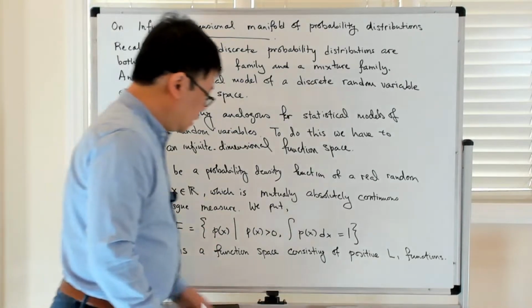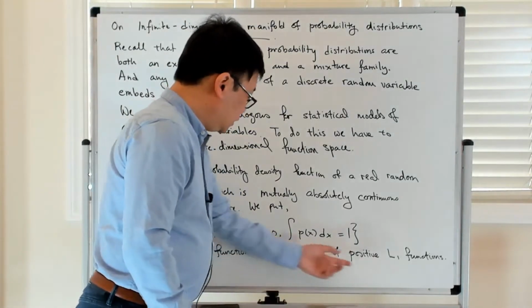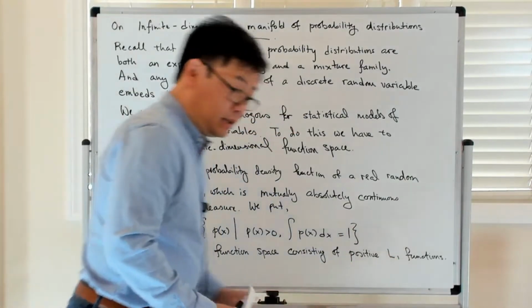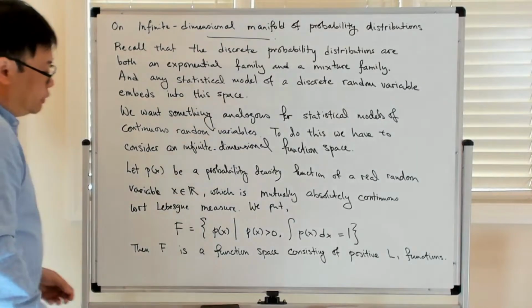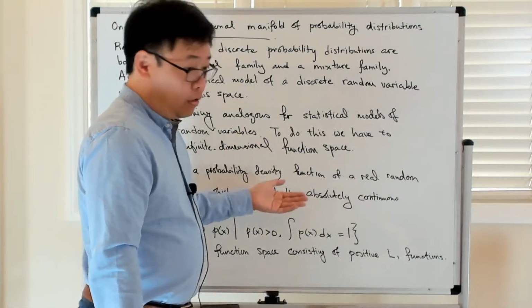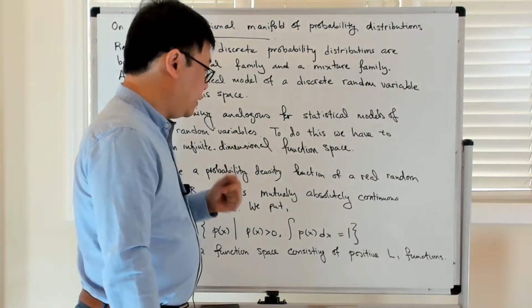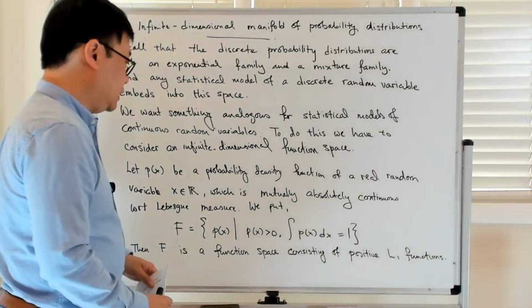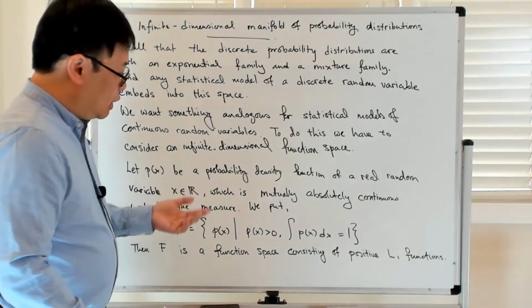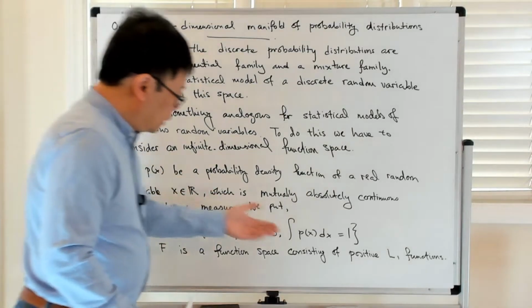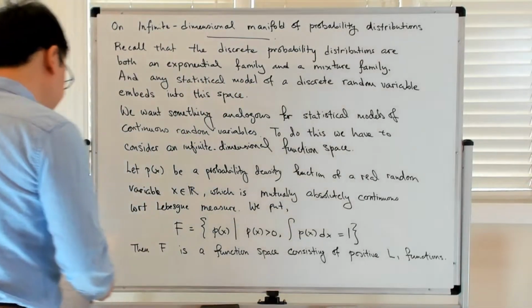Okay, and in particular, all these functions are positive, but they're also in this space of L1 functions. We say a function is L1 when its L1 norm is finite. And more generally, you have an Lp space if the p norm of that function is finite.